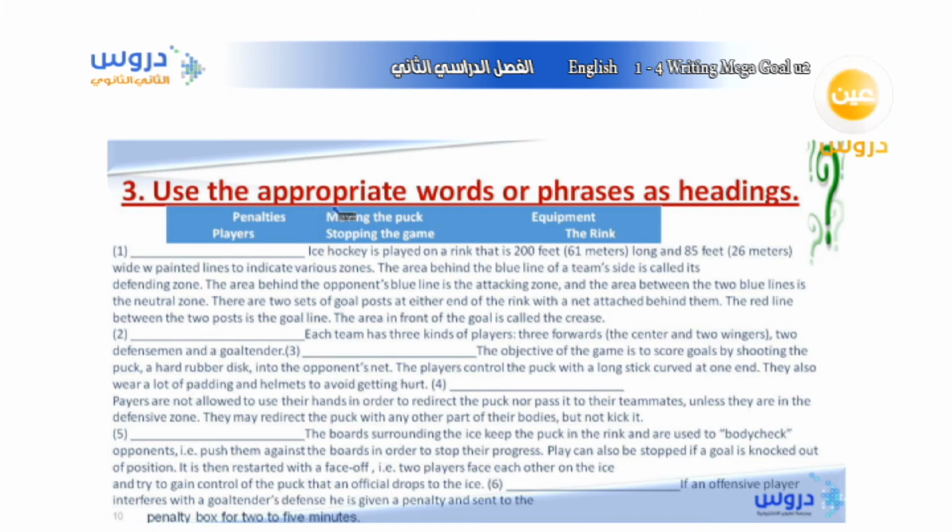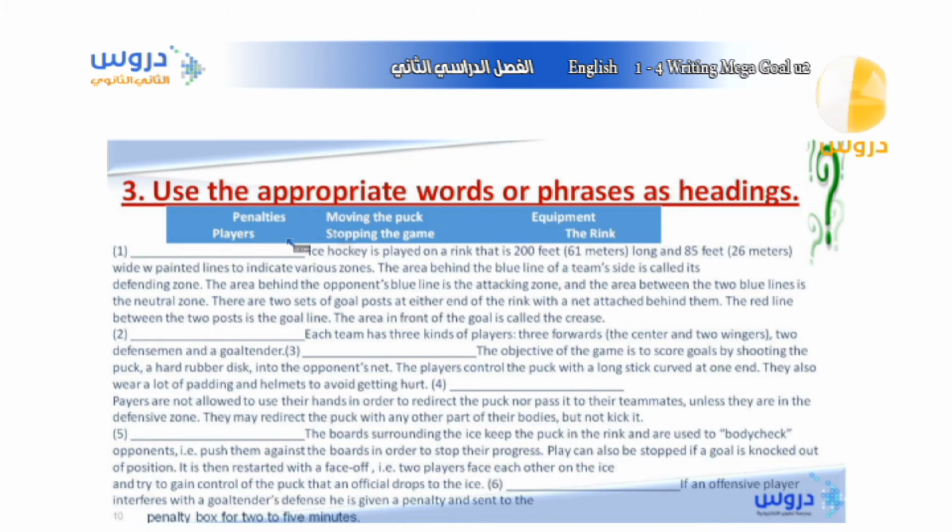Now, use the appropriate words or phrases as headings. Here we have words. We need to fill these blanks with these words. Actually, try to find main words, okay, main words that can indicate the correct answer.